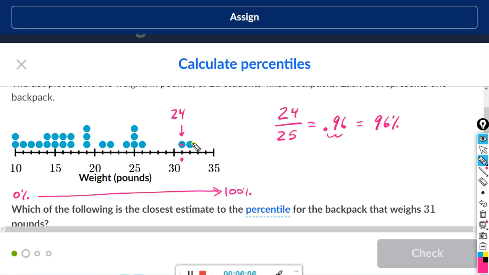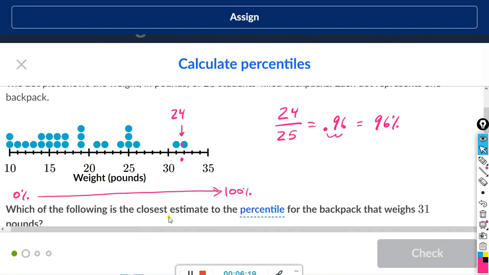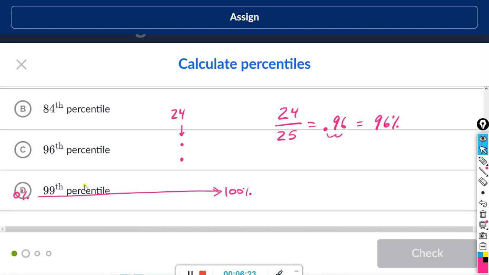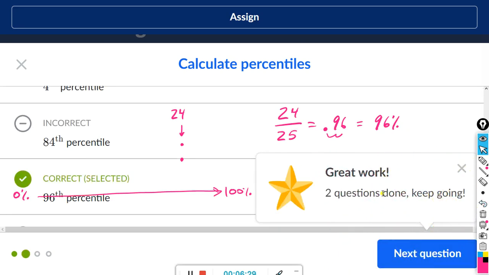If you looked at the right as 100, the rightmost one is 100%. That dot is 96% of the way there. Again, they're just looking for the closest estimate. It might not be exactly 96, but we do have a 96, so there you go. I just found what number dot I had and divided it by the total.